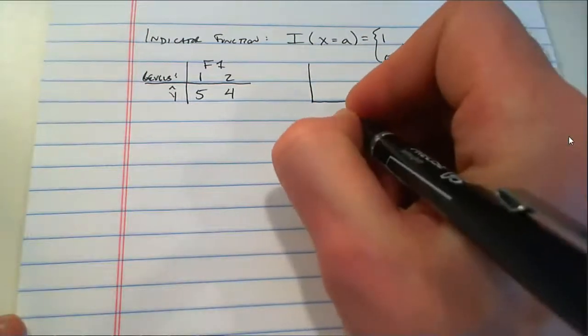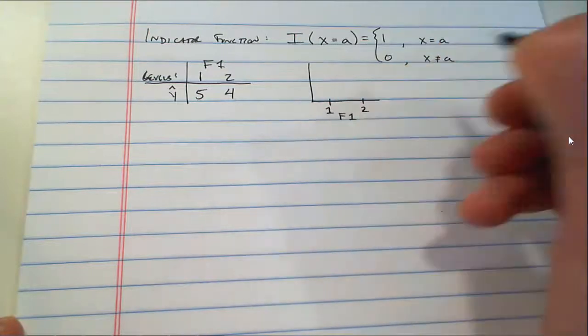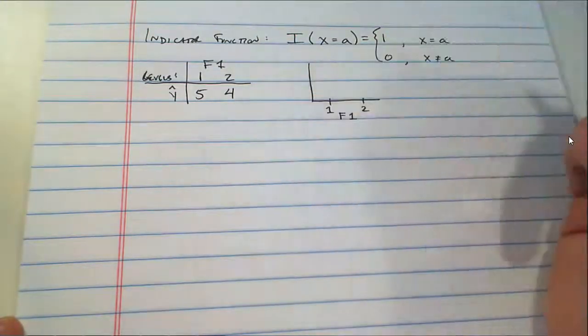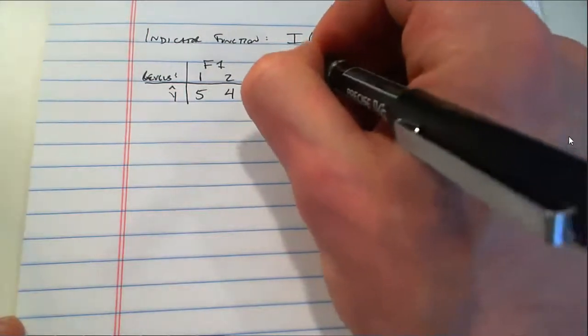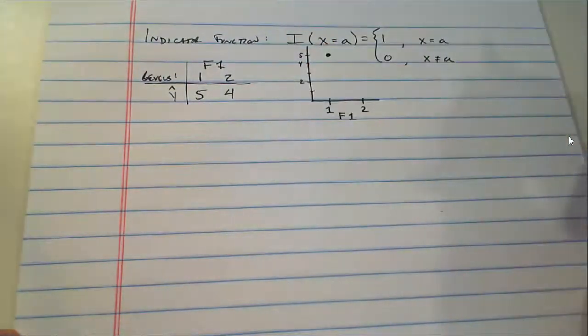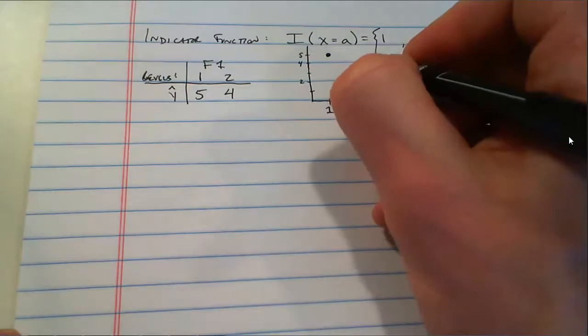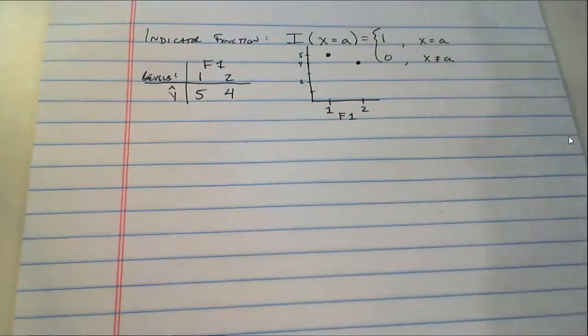Okay. So we've got factor 1, and it can take levels 1 and 2. Let's have it 1, 2, 3, 4, 5. So for group 1, the mean is 5, so that's this value here. For group 2, the mean is 4, that's this value here. And I'm going to ignore all the variability, all the observations. These are all the predicted values y hat.